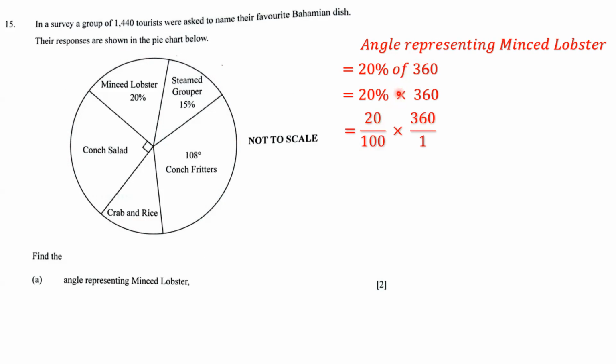Of means multiply, so we have 20 over 100 multiplied by 360 over 1. We multiply 20 by 360, that gives us 7,200. We multiply 100 times 1, that gives us 100. And then we divide. 7,200 divided by 100 is 72 degrees. So the angle representing minced lobster is 72 degrees.